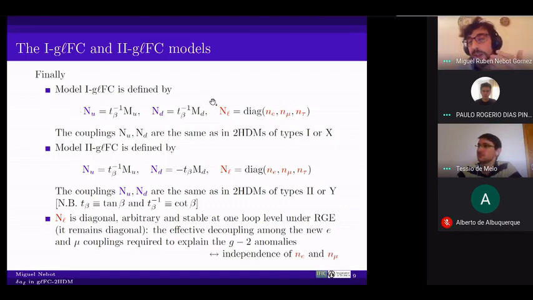I could go into a more general scenario in which I take diagonal couplings of up quarks, of down quarks, unrelated to the masses, and also a more general thing for the leptons, and repeat the same thing. But of course, the parametric freedom that I would be using would be much larger.